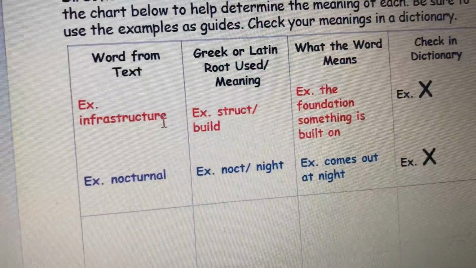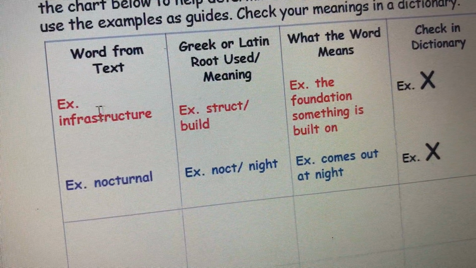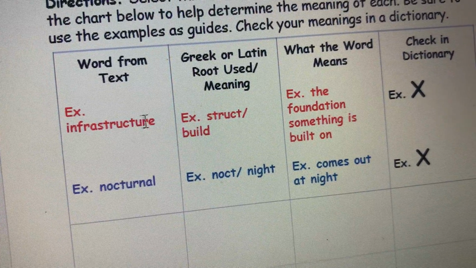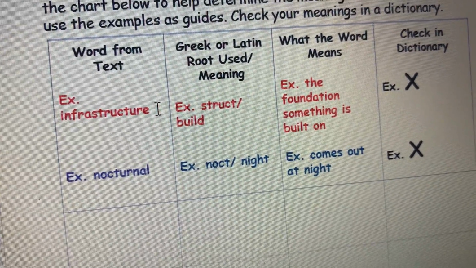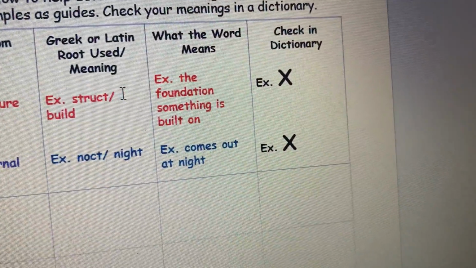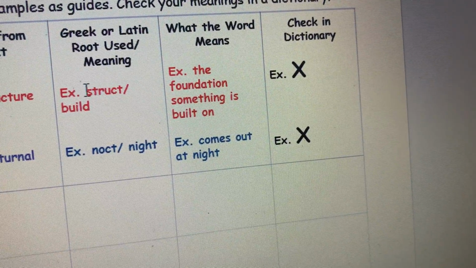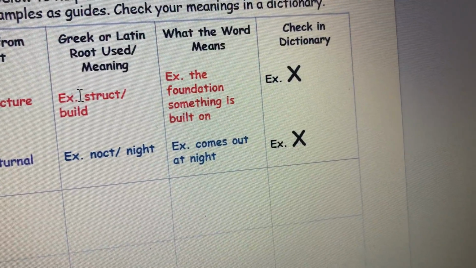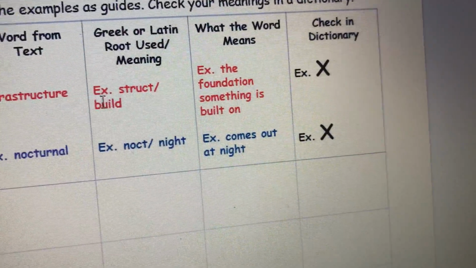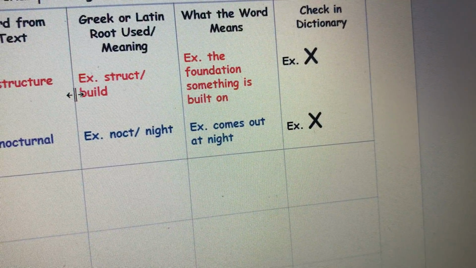So in step 1, they will write down a word that has been identified. And then in step 2, they will write down the root that appears in that word, and then the meaning for that root.